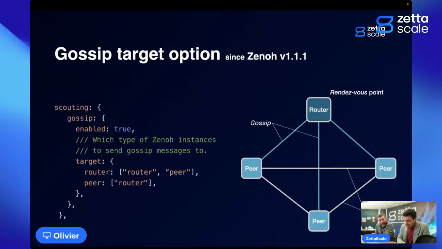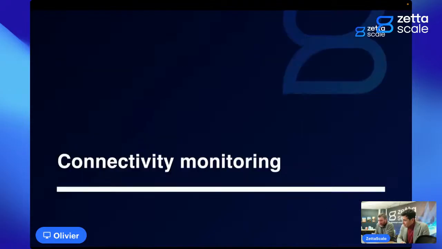Okay, and the last part of this presentation is about connectivity monitoring. This is something that exists in Zenoh for quite some time now, but is not very well known. Still quite asked about, right? Because I think we get questions. It's a good opportunity to cover those.